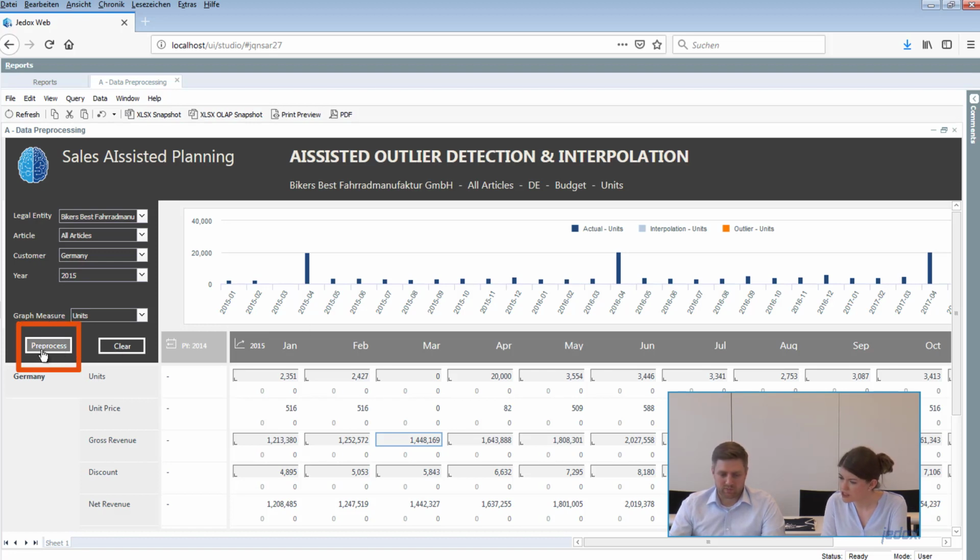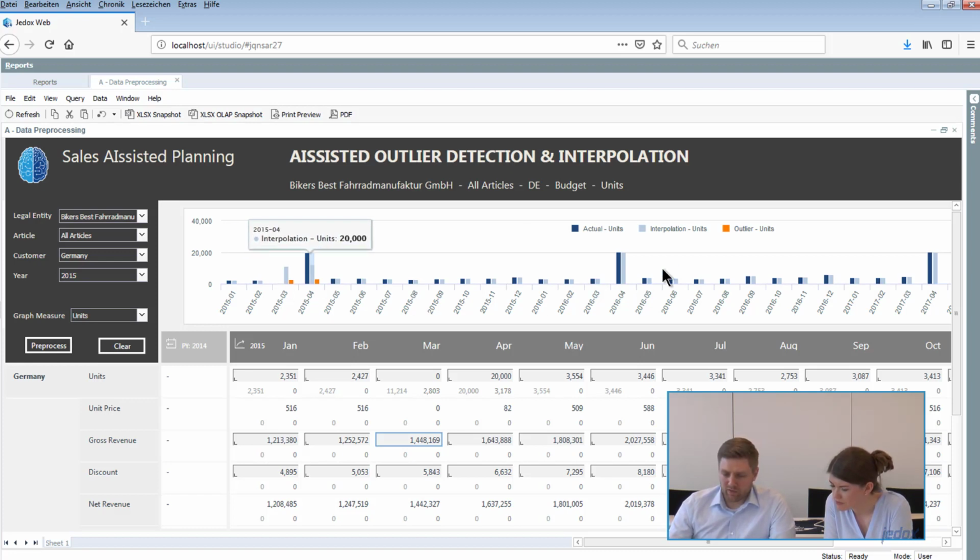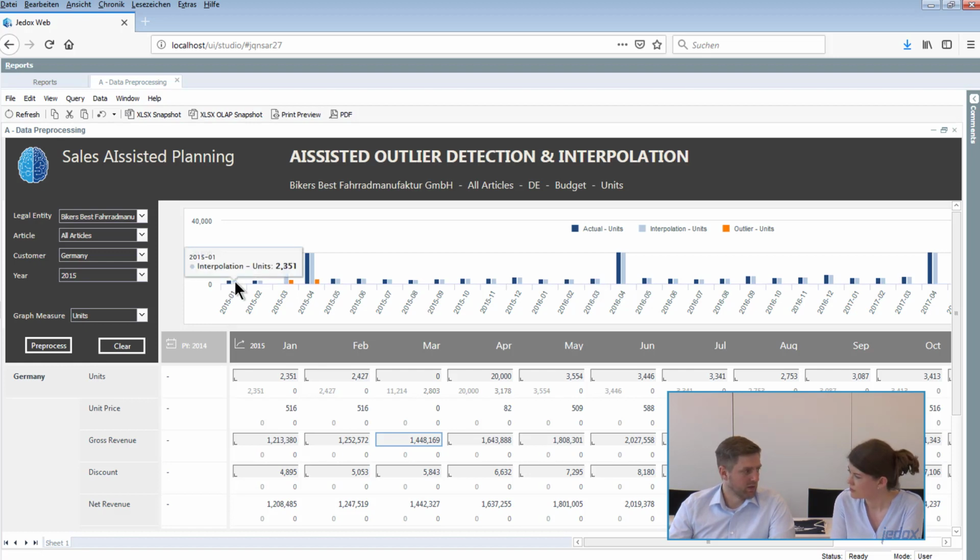So let's try this. Okay, so what is all this new stuff in there? We have these light blue values. These are the interpolation values. Here we have a value, so interpolation is just giving the exact same value, but where there is a gap, here interpolation gives us a suggestion.